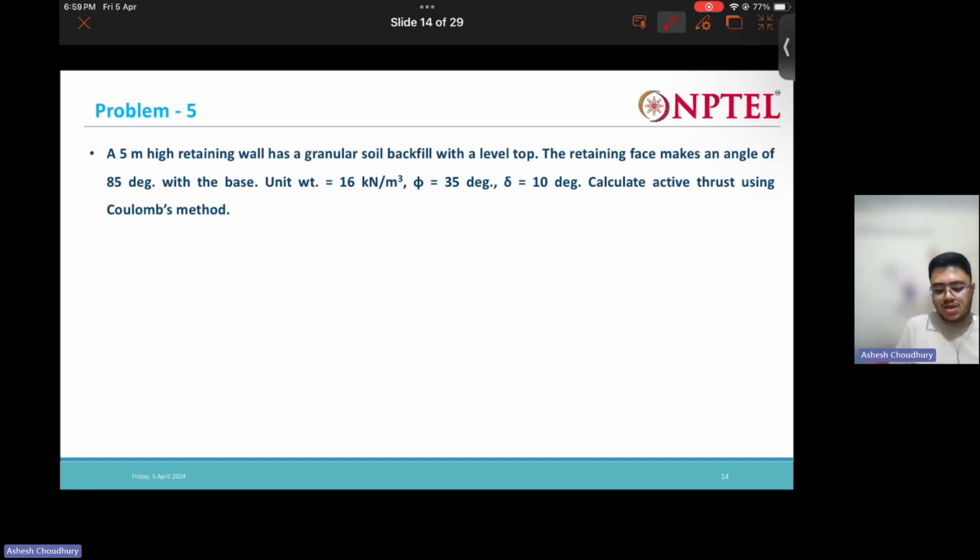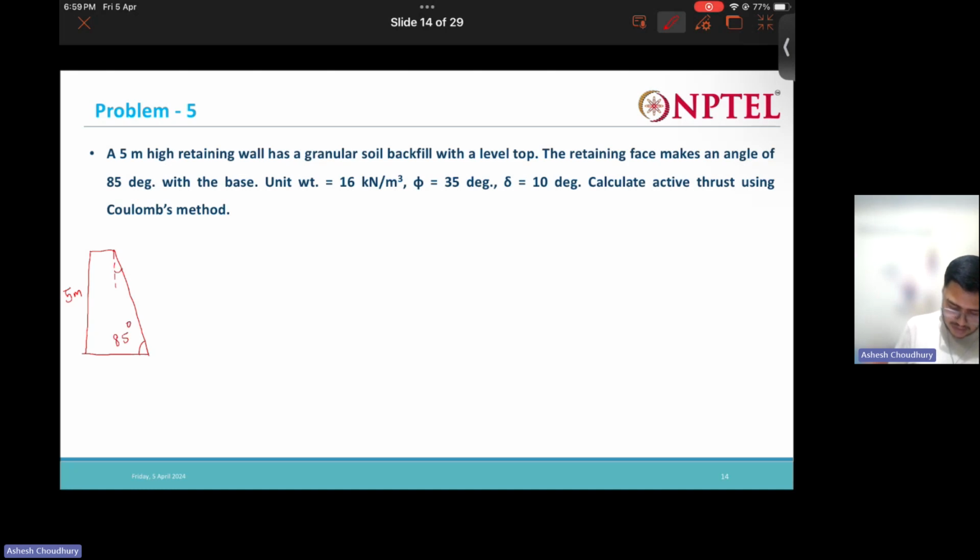So now we cannot use Rankine's method, we have to use Coulomb's Ka and Kp, the earth pressure coefficient. Okay. So we have the wall something like this. Okay, this is 5 meters. This is actually 85 degrees.